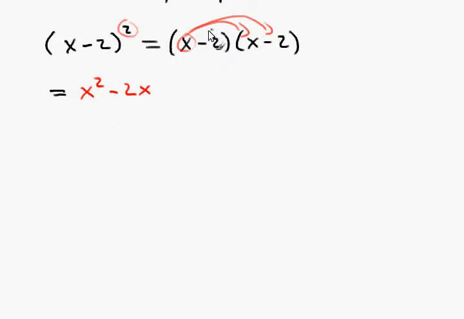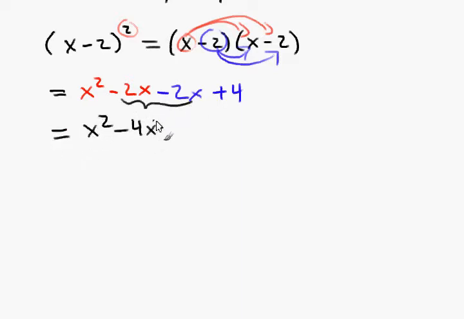We'll follow that up with a negative 2 times x, so minus 2x again, and then a negative 2 times a negative 2. Makes a positive 4. So the result is x squared minus 4x plus 4. And we want to be careful with our signs when we are expanding binomials.